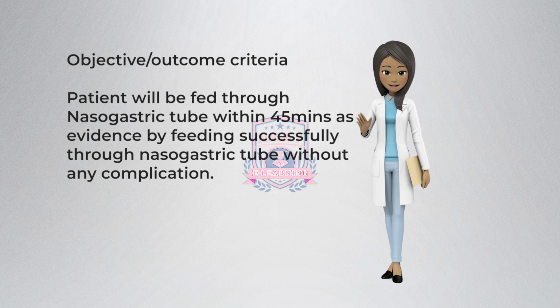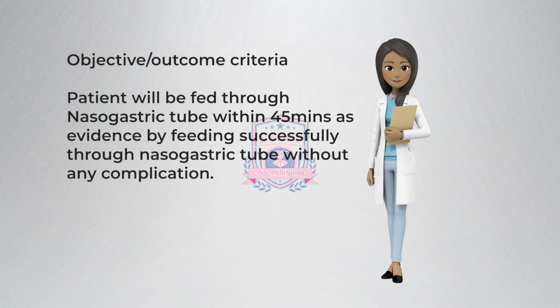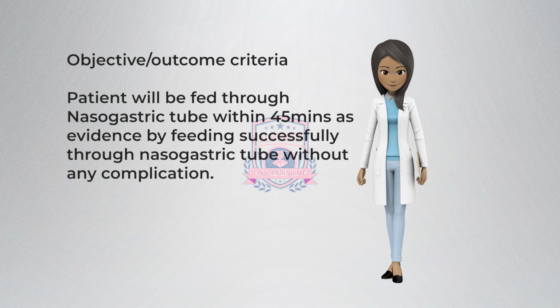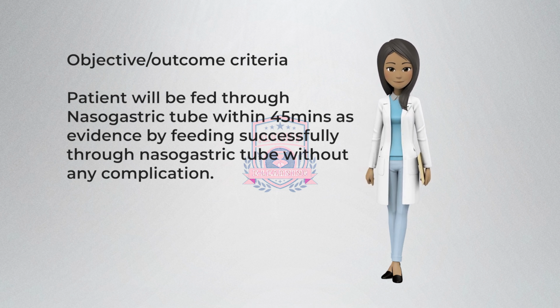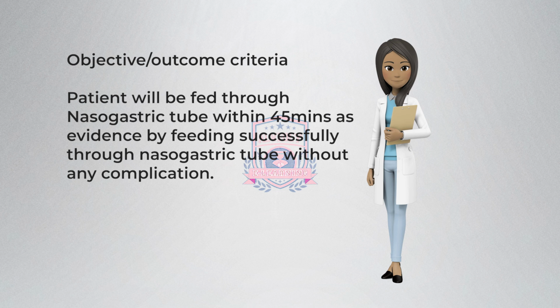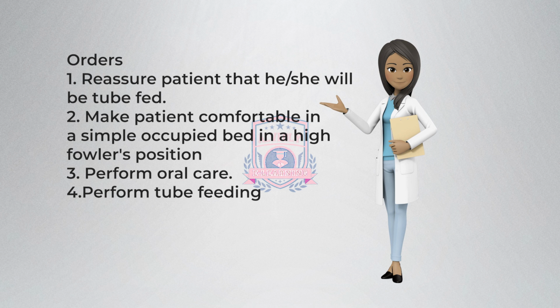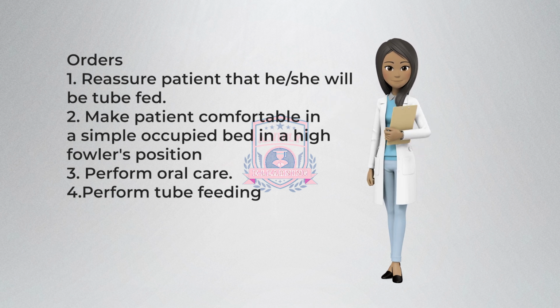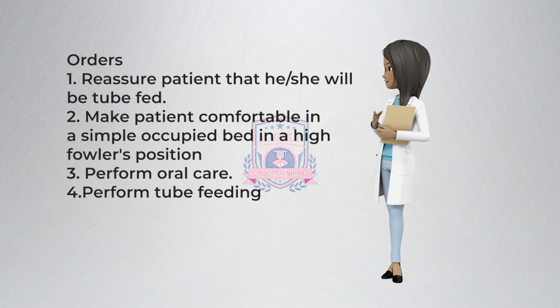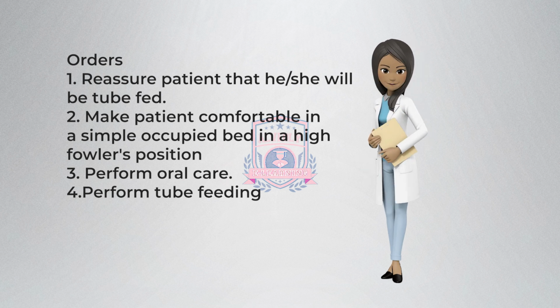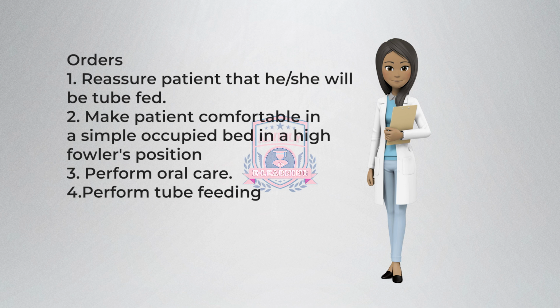Objective outcome criteria: patient will be fed through nasogastric tube within 45 minutes, as evidenced by feeding successfully through nasogastric tube without any complication. Orders: 1. Reassure patient that he or she will be tube fed. 2. Make patient comfortable in a simple occupied bed in a high Fowler's position. 3.